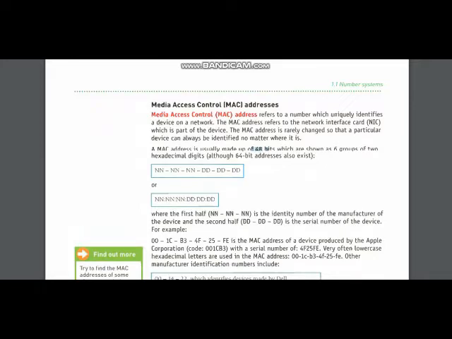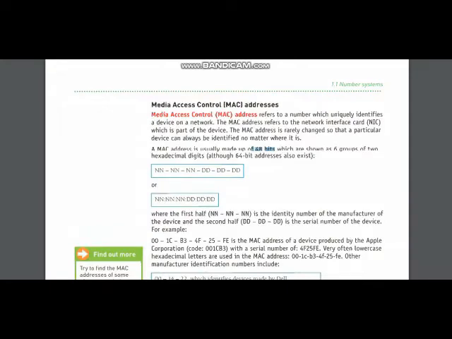The MAC address comprises 48 bits. 48 bits means 48 divided by 8, that is equal to 6 bytes. 6 bytes means that the older MAC address is comprised of 6 sets of bytes.